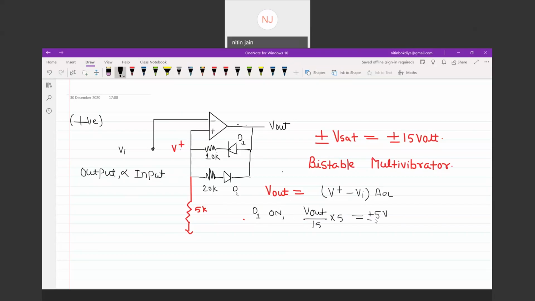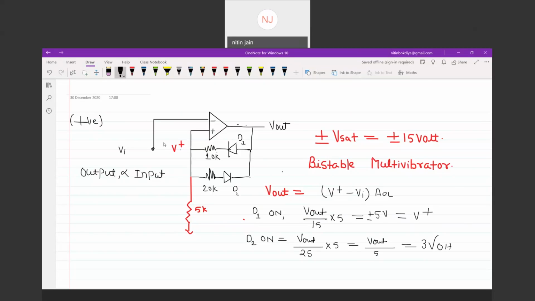When the D1 diode is on, V plus can have this value, plus minus 5. And when D2 is on and D1 is off, V out is divided by 25 and multiplied by 5. So this is V out divided by 5, and the value of V out is 15 volt. So 15 by 5 is 3 volt. So there are two choices for V out.